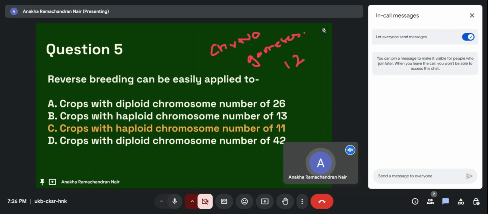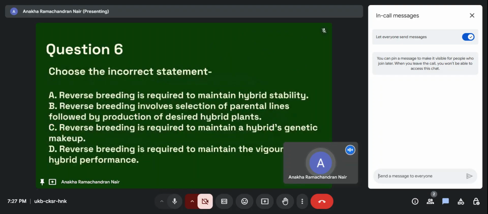When you're doing reverse breeding, you need to find homozygous parental lines, and that is relatively easier to do when you have a haploid chromosome number of 12 or less. Anything more, it is very tedious to find the homozygous parental line. So if there are no doubts, let's move on to the next question. That is question number 6.